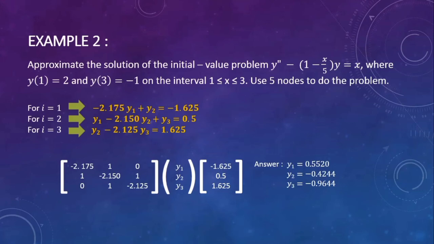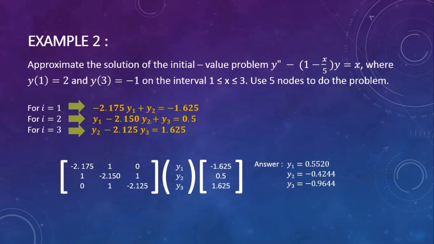So, for i is equals to 1, we have negative 2.175, 1, 0, since walay y sub 3. Walay value ang y sub 3. Then, negative 1.625. The next, we have the i is equals to 2. We have 1, negative 2.15, then 1, and 0.5.